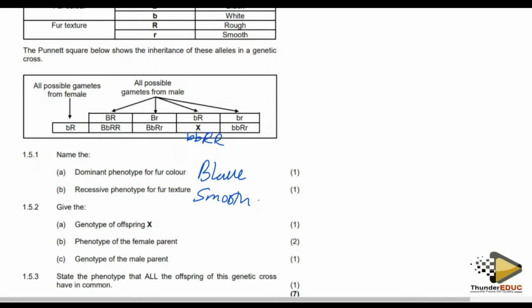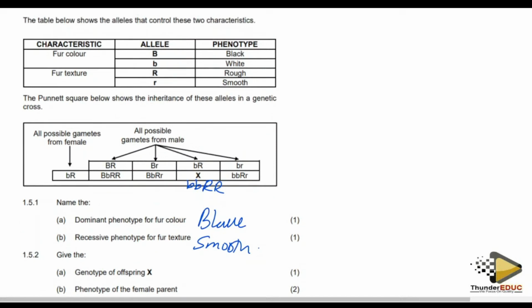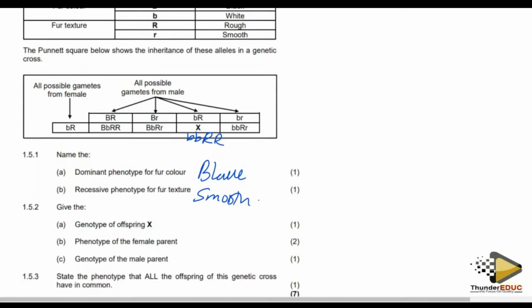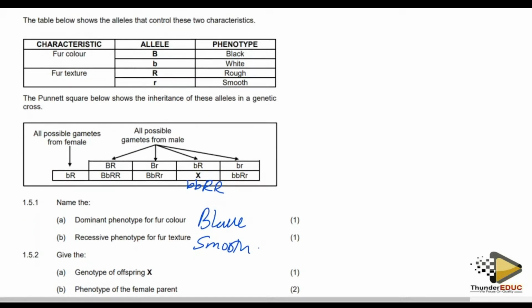Then they are saying the phenotype of the female parent, this male and this female. They're saying the phenotype is small b, capital R. Capital B is black and small b is white, and capital R is rough.